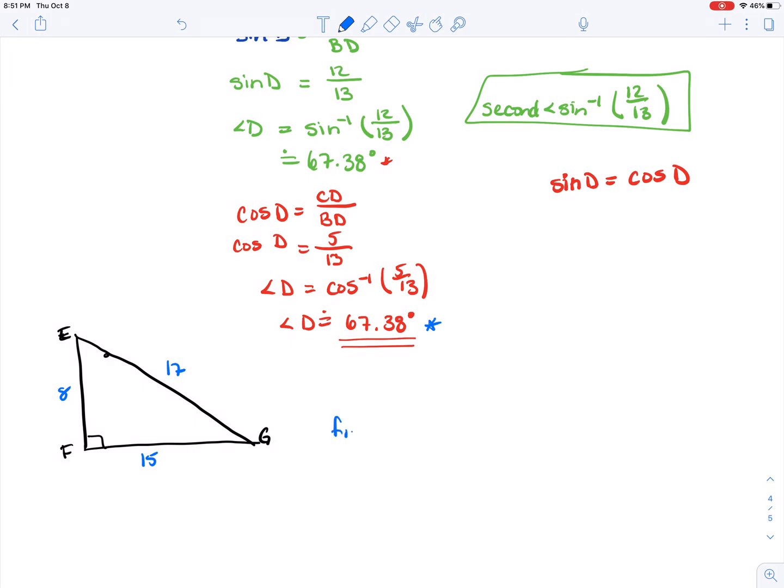And I want you to find the angle for G. So you're going to find cos G. I put an H by accident.